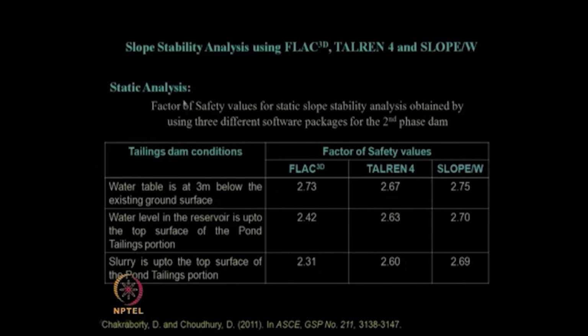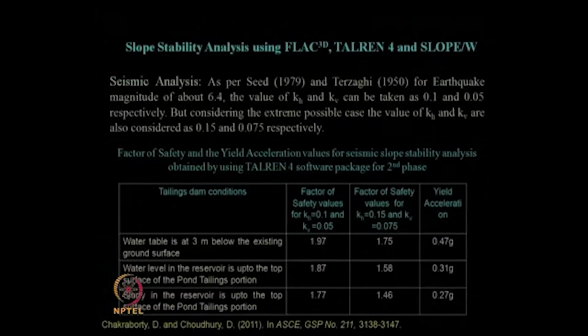Now, other results of static analysis in terms of factor of safety values, as I said, tailing dam condition, FLAC 3D, Talren and Slope W. These are common software used for the slope stability analysis, as we know.